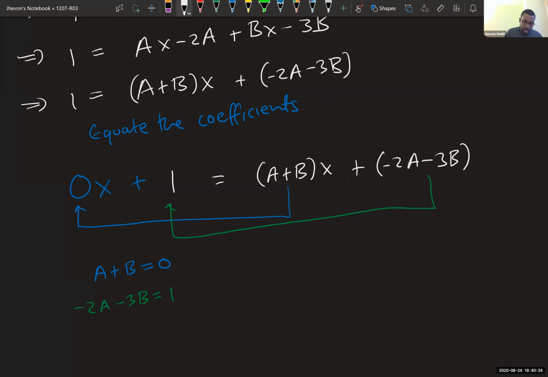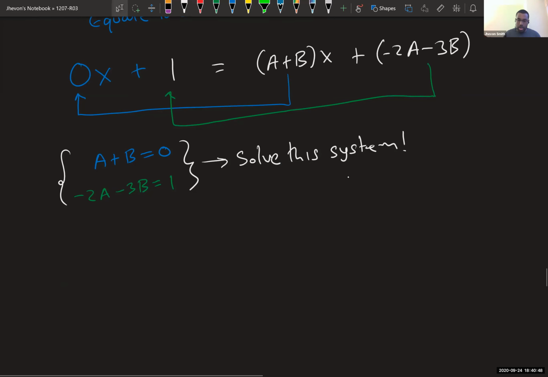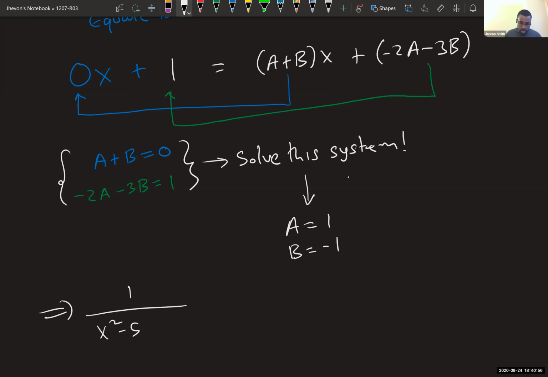So now I have a system of equations here that I can solve. Solve it using your favorite method, elimination, substitution, doesn't matter. But eventually you'll solve this and you'll get a equals 1, b equals minus 1. And so that gives you your original fraction.